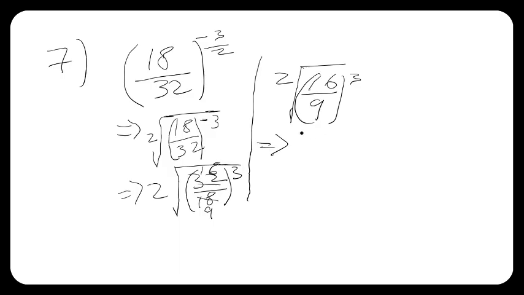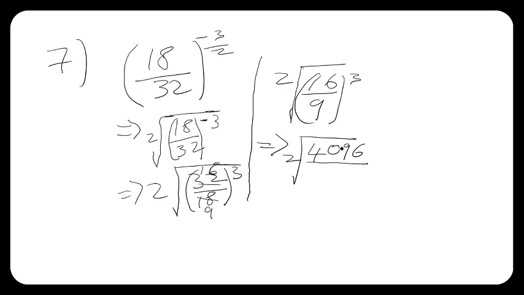It will give us what? Let's take 16 raised to the power 3 first. 16 raised to the power 3 will give us 4096, divided by 9 raised to the power 3.